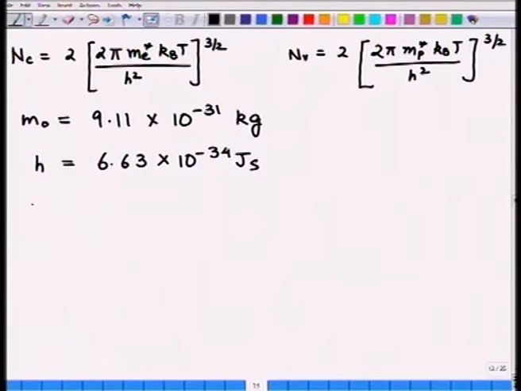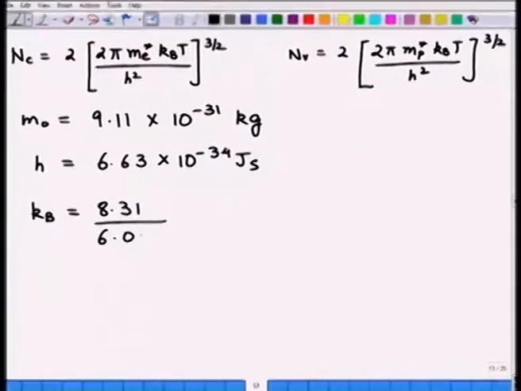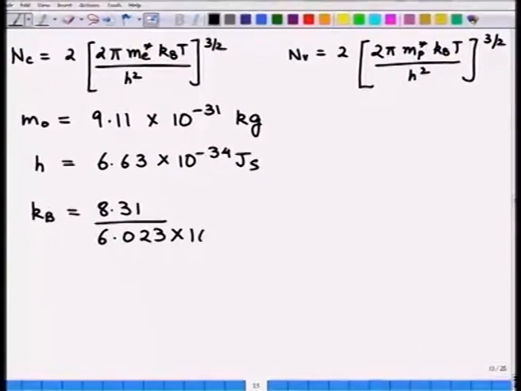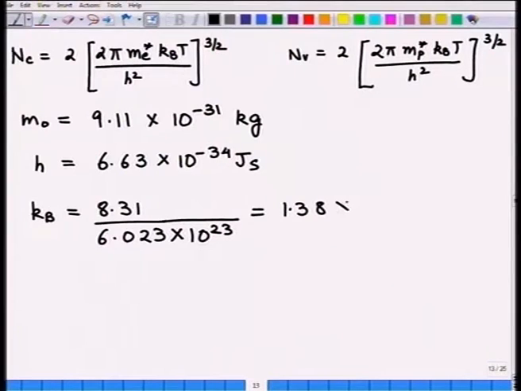So, we can substitute in there, and Boltzmann constant kB of course is equal to 8.31 divided by 6.023 into 10 to power 23. You can carry out this calculation, just check on this, I believe it is 1.38 into 10 to power minus 23.